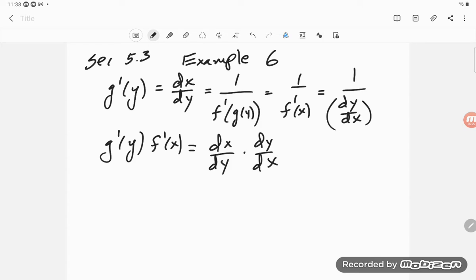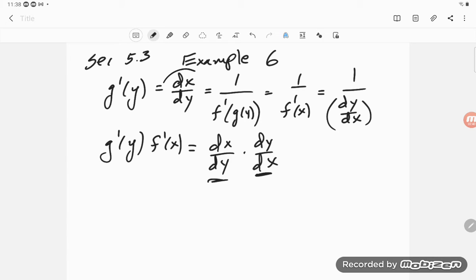Now, these are not fractions in the sense each of these is a single notation. However, the notation does lend itself well to show us that, oh yeah, this is 1.